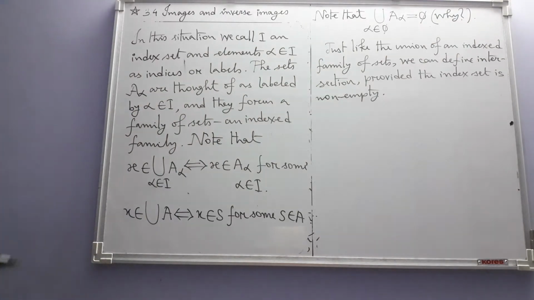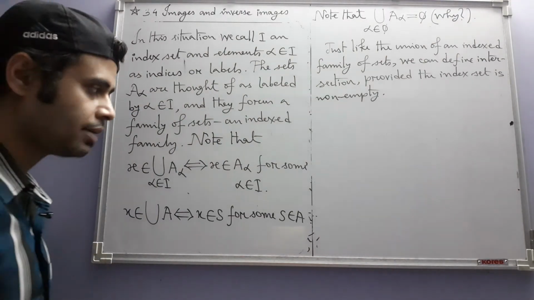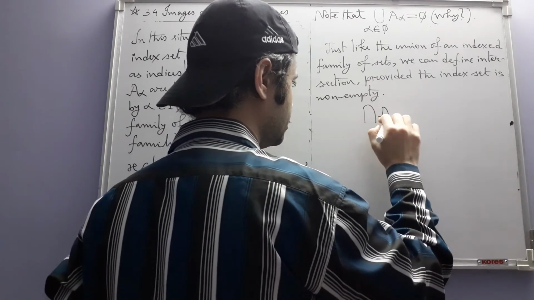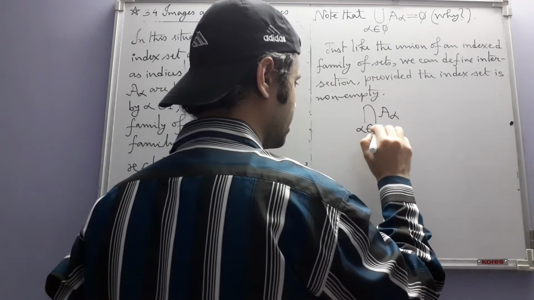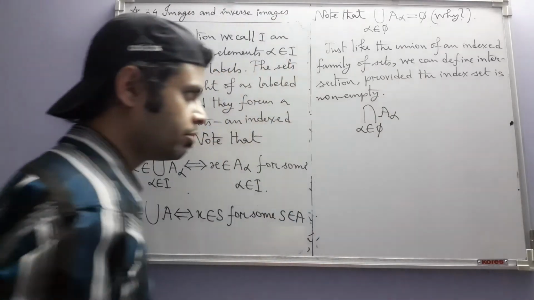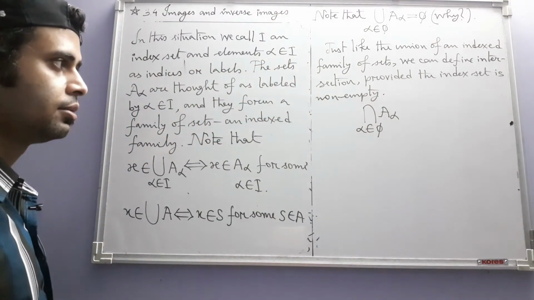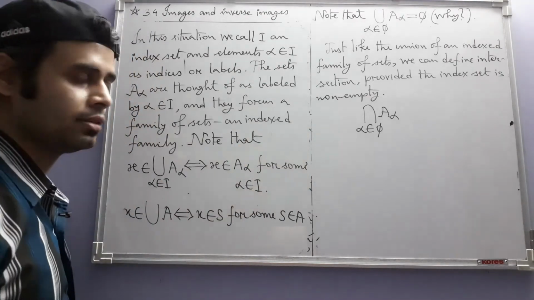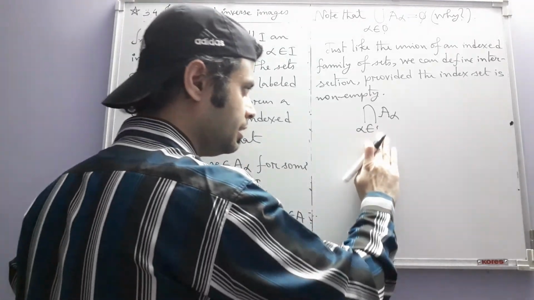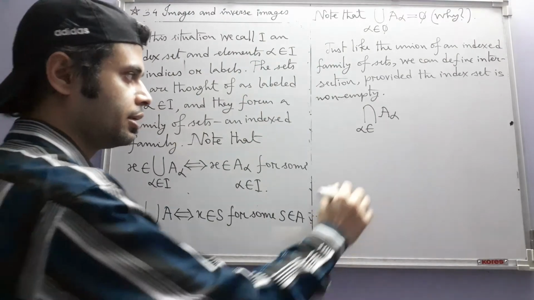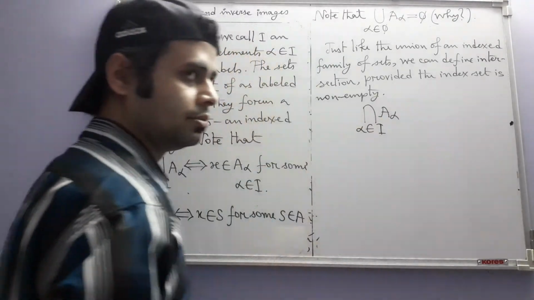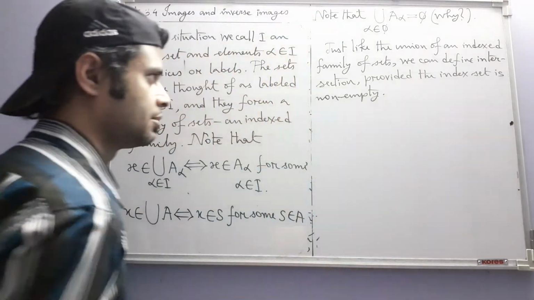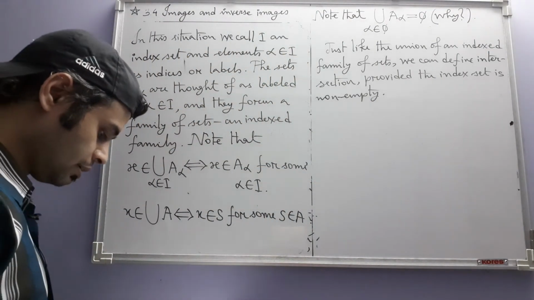If the index set is empty and you try to define an intersection, there are some peculiar problems that appear, since we will never need this type of thing. So in this case, we restrict the index set to be non-empty in case of intersection of an indexed family of sets.